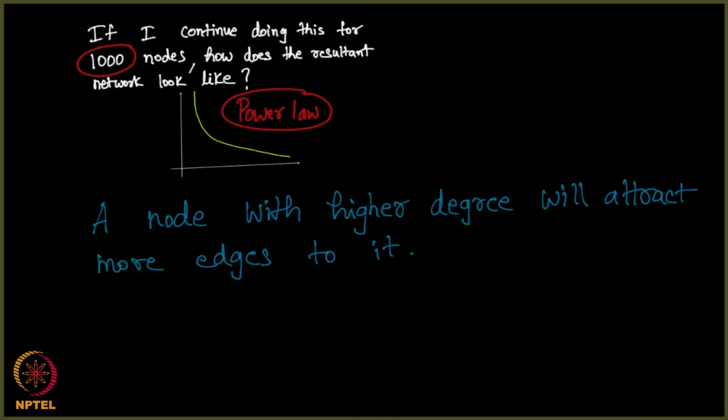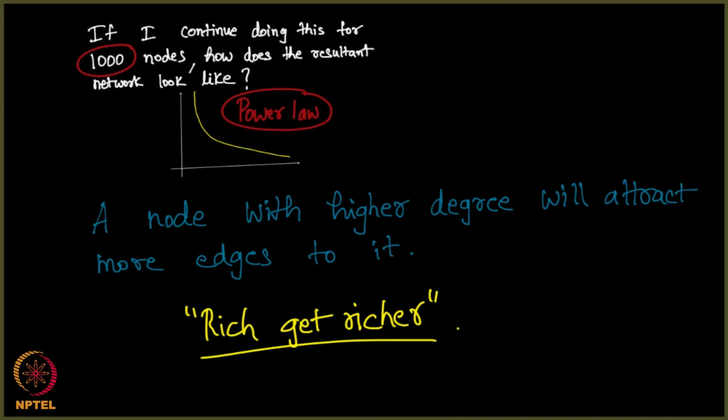Now, this process is called the rich get richer process. I'm sure it makes sense. The very terminology makes sense to you. What do you mean by rich get richer? People who already have high degree are getting more and more degree, because that's what the algorithm does.